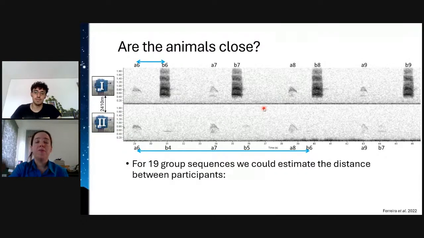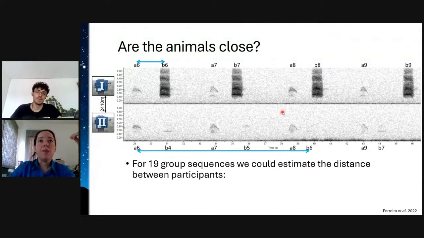And the first question to answer that was, are the animals that are vocalizing close? Meaning, are they together, close by each other when they vocalize?